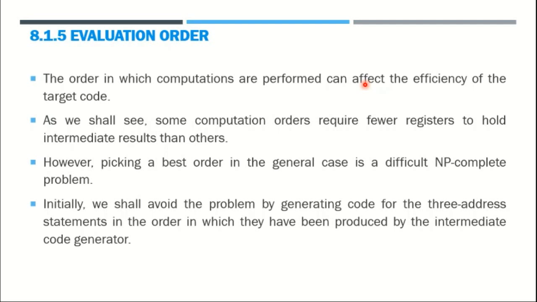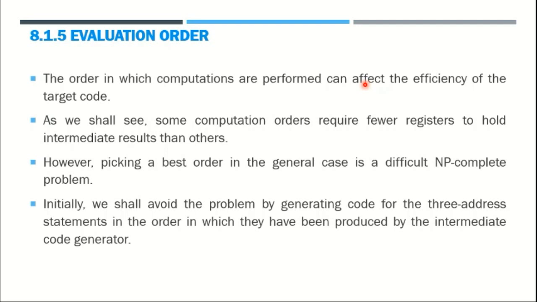If we do not provide a proper evaluation order, executing the program takes more time and is more complex. As we shall see, some computation orders require fewer registers to hold intermediate results than others. However, picking the best order in the general case is very difficult. It can be considered an NP-complete problem.